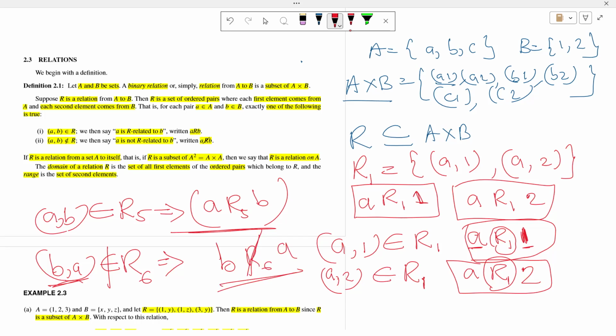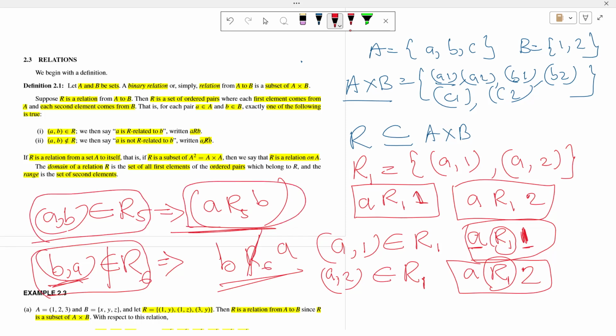This is one way to indicate a relation, and this is another way to indicate not a relation. These two ways you can indicate a relation with ordered pairs.